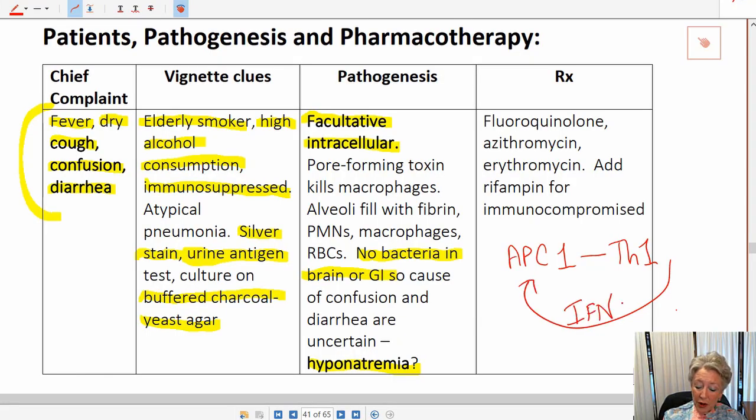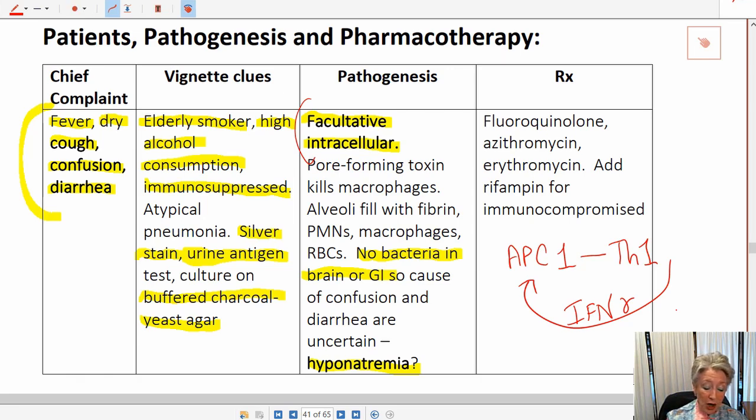So it shouldn't surprise you, I hope, that these are all atypical pneumonias, because typical pneumonias are caused by neutrophils infiltrating, not the cells of the cell-mediated cascade. Okay? So facultative intracellular dictates that it will be an atypical pneumonia.